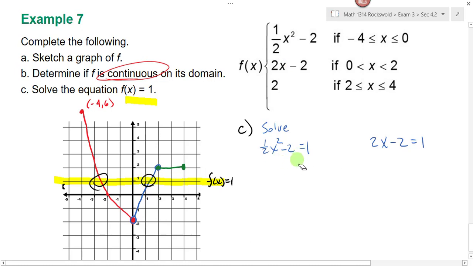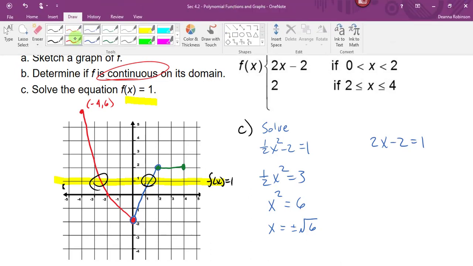So to solve this equation, I'm going to add 2 to both sides, and that gives me 1/2 x squared equals 3. Then if I multiply both sides by 2, I get x squared is equal to 6, which means x is equal to plus or minus the square root of 6. I'm only worried about the negative square root of 6 because the positive one's not in the domain of this piecewise function.